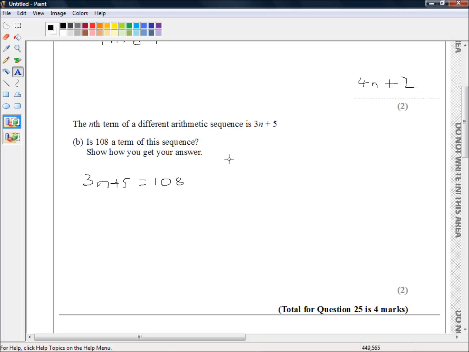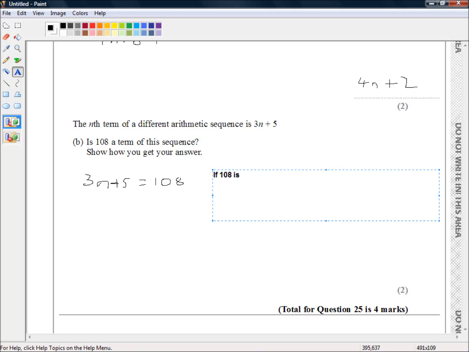And then I would explain that if 108 is a term in this sequence, then n will be a whole number.